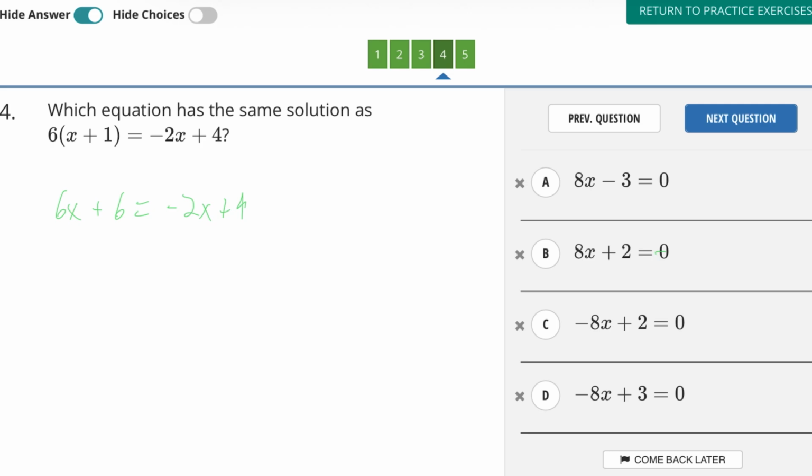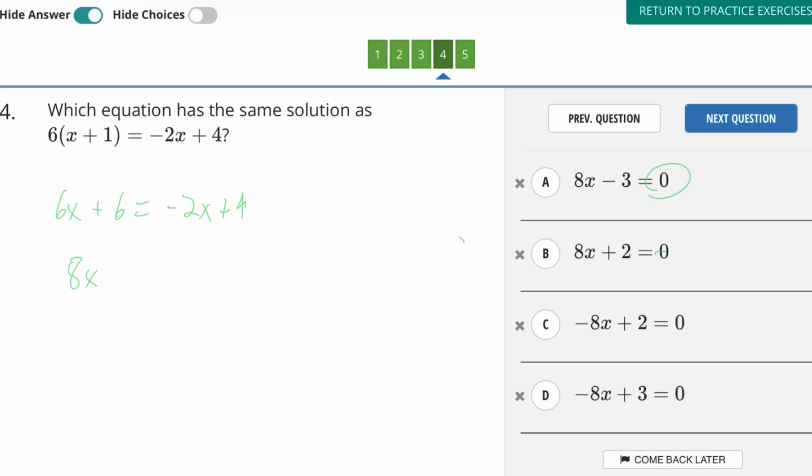Add 2x on both sides, 8x, subtract 6. Or actually, no. You have to recognize, see, I just made that mistake. You have to remember what your goal is. Your goal is to leave 0 on one side of the equation. So if I were to subtract 6 from both sides, I will be taking the 6 out and putting it on the other side of the equation. That takes away our goal.